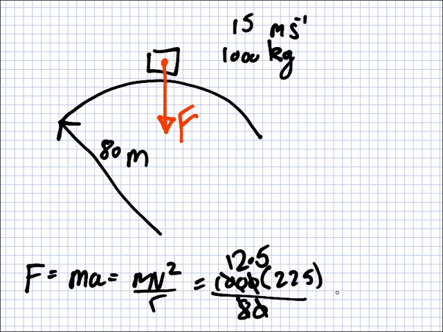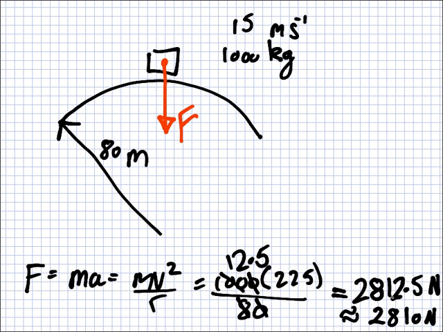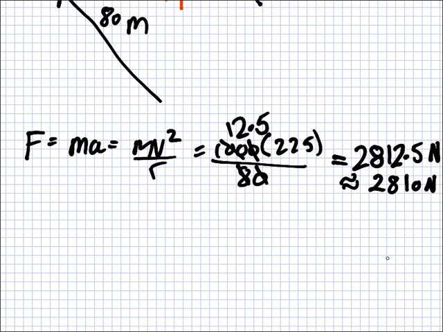That's as much as I can do in my head. 12.5 times 225 is 2,812.5 newtons. So roughly, in the exam, you'd say the answer is 2810 newtons. Yeah? And then part C is what's the total reaction force.